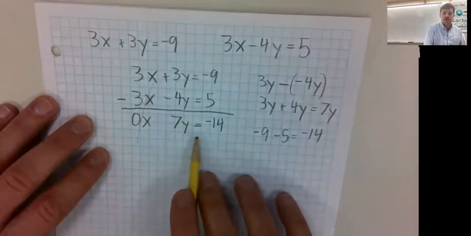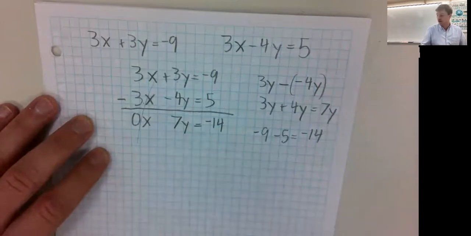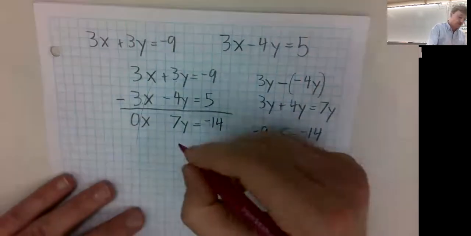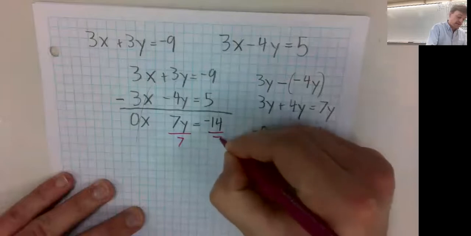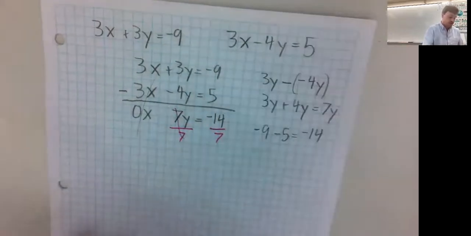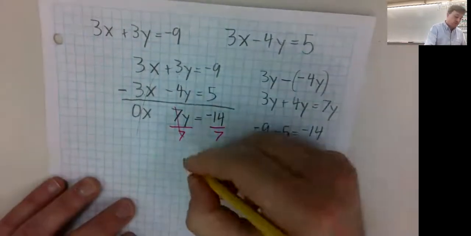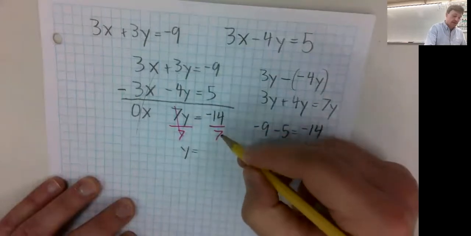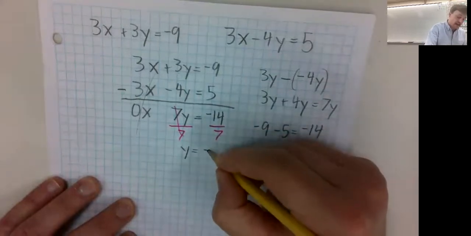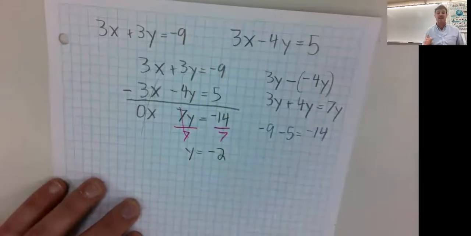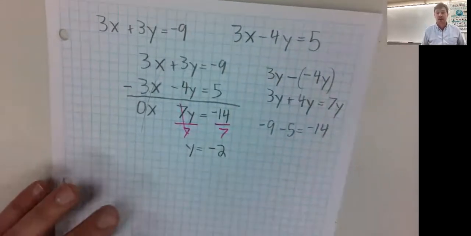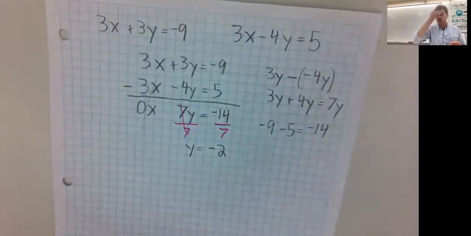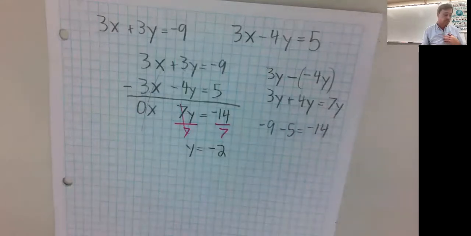Now all we need to do is focus on this y and solve for y. We're going to do that by dividing by 7 in this case. So my 7's drop out, and I'm left with y equals negative 14 divided by a positive 7, which is negative 2. Again, there's a lot of negative signs in these elimination problems, so please make sure you are paying attention to the negative signs.